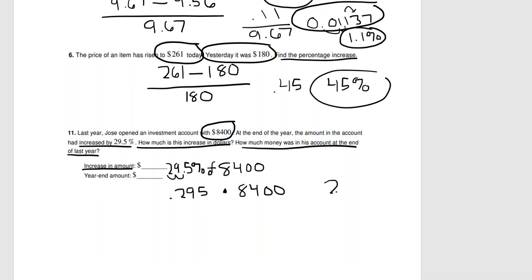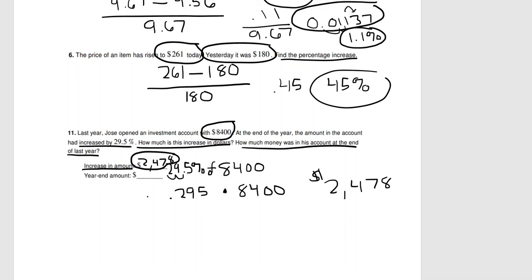And that will be $2,478. Okay, so that's the first question we were supposed to answer. Our increase in amount is going to be $2,478.